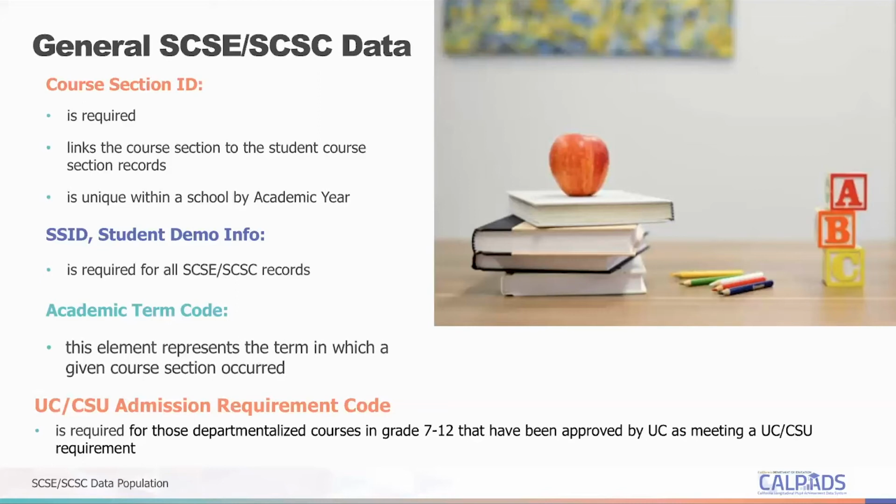Data are only required for those departmentalized courses in grades 7 through 12 that have been approved by UC as meeting a UC-CSU requirement. Although this is collected on the SCSE and SCSC files, this should represent the UC-CSU admission requirement that the course has been approved by UC-CSU to meet.